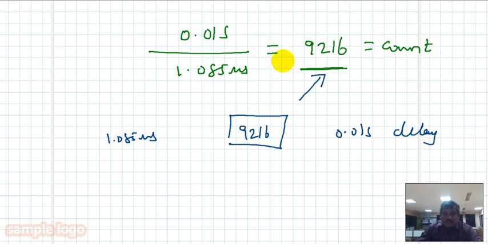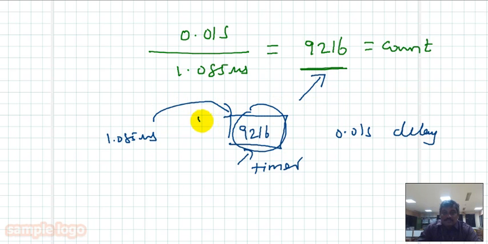You multiply these two, you will get this 0.01 second, and this is the time. If the timer counts 9216 oscillator pulses, it can generate this much delay. Yes, if you have a doubt, you can ask.